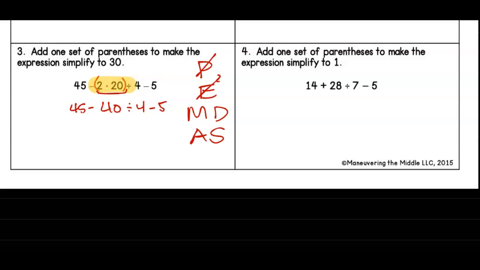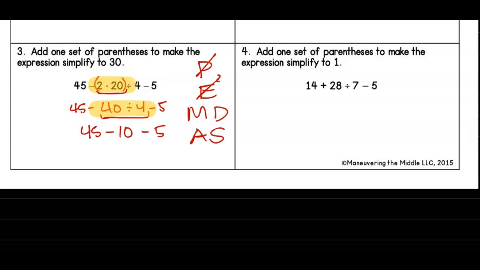Yes, we have this division right here, so we're going to have to solve this part next. What is 40 divided by 4? Well, 40 divided by 4 is 10. So let's rewrite: we have 45 minus 10 minus 5.